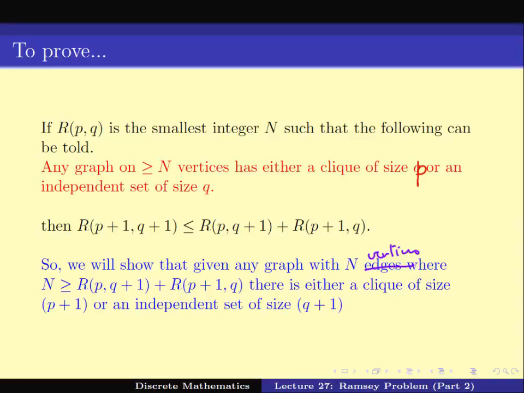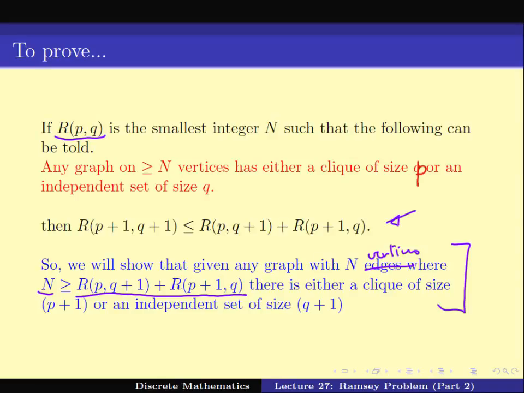Now why is this sufficient? If we prove this statement, what do we end up proving? We're proving that the smallest n, R(p+1,q+1), is less than or equal to R(p,q+1) plus R(p+1,q), which is exactly what we have to prove.